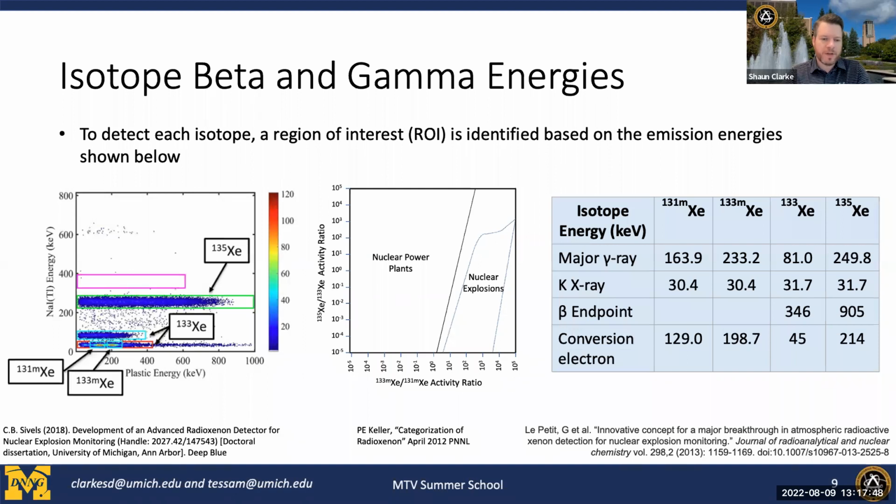So it's important that we have a system that has sufficient energy resolution and detection efficiency to be able to separate out these regions of interest and produce count rates from all 4 isotopes individually, so that we can then create these ratios, make these plots, and discriminate so-called benign events from nuclear power versus what may have been a nuclear explosion. Slide, please.